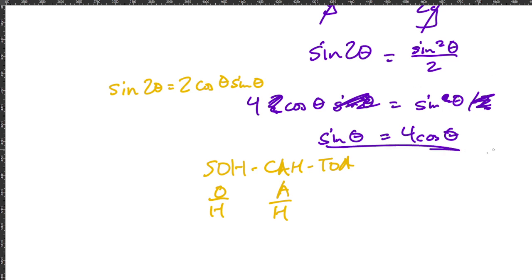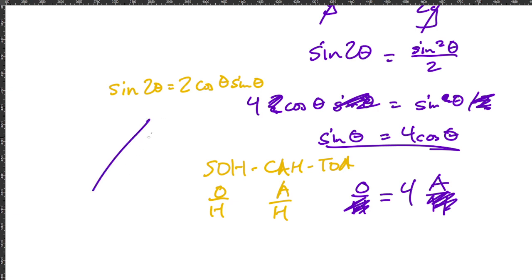Since we have this equation, we can say that our opposite divided by our hypotenuse is going to be equal to 4 times our adjacent divided by our hypotenuse. We can now cross out the hypotenuse on both sides, and our opposite is now equal to 4 times our adjacent. What does that mean?